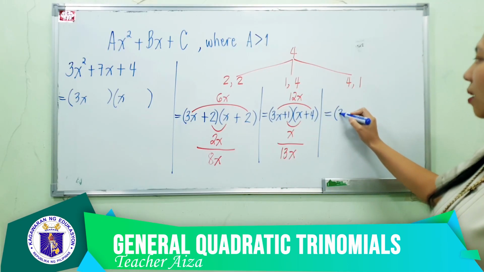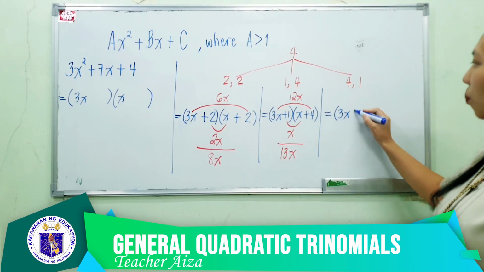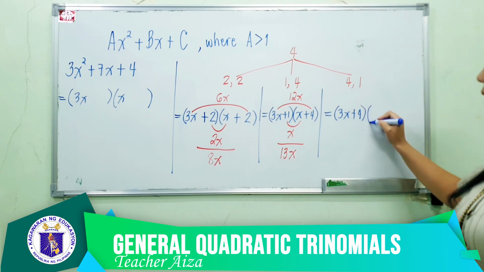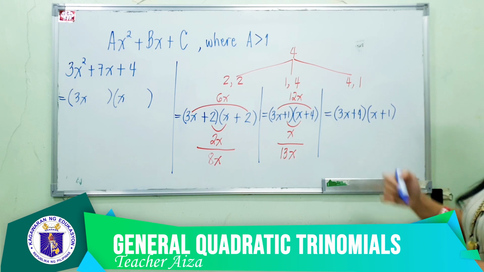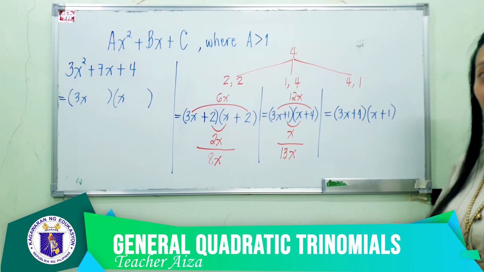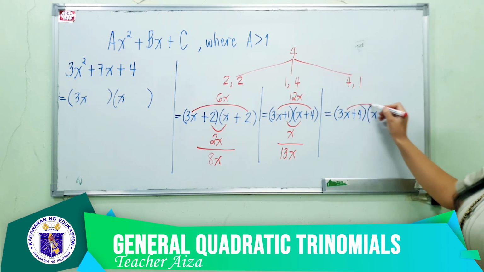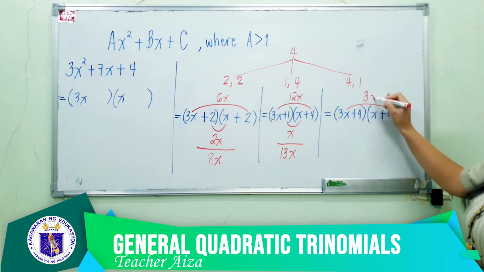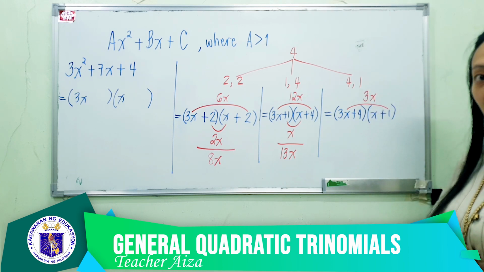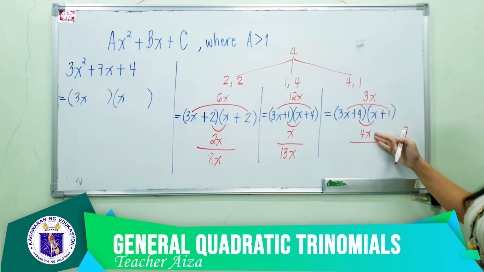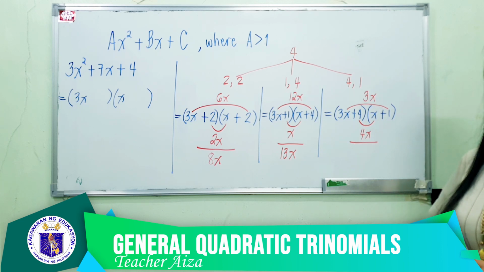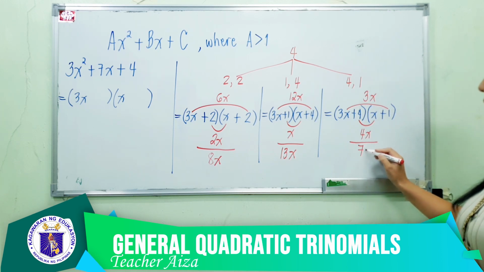The quantity 3x plus 4 times the quantity x plus 1. Let's multiply the outer terms together. 3x times 1 is 3x. The inner terms together. 4 times x is 4x. And add the two products. 3x plus 4x is equal to 7x.